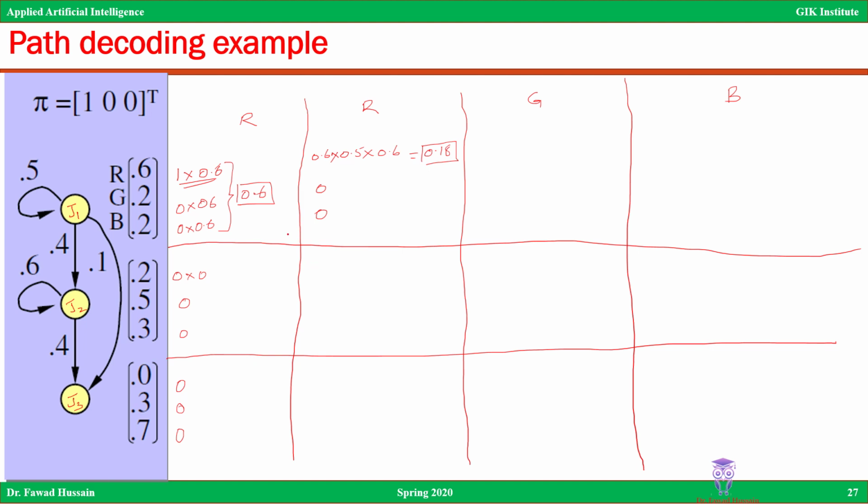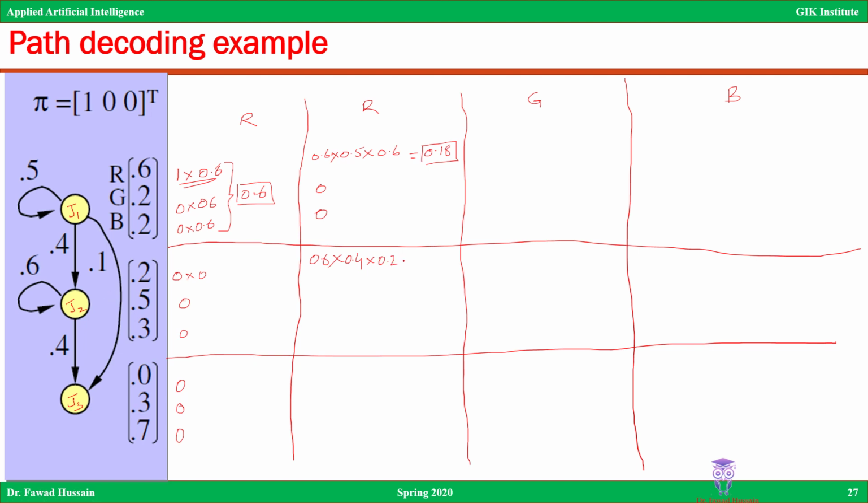In this case, I could have come from the first jar, or remained in the second jar, or in fact, I can't come from the third jar, because there is no link from 3 to 2. So if I am coming from the first jar, this is going to be 0.6. This is the probability, multiplied by moving from the first jar to the second jar, which is 0.4, and selecting a red from the second jar, which is 0.2.